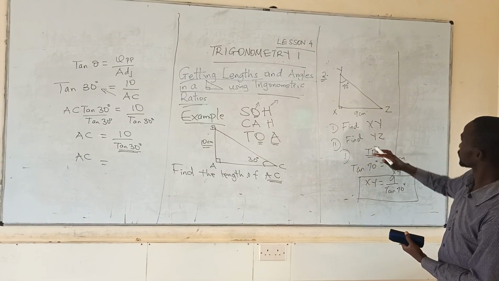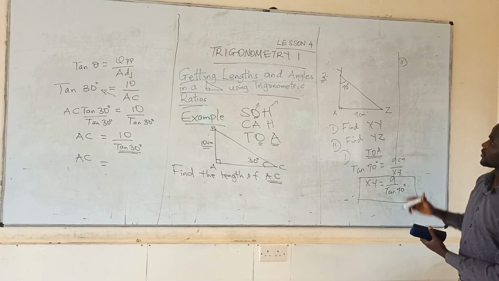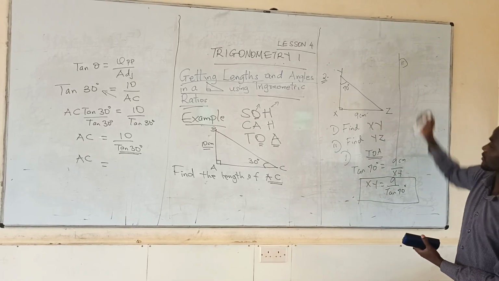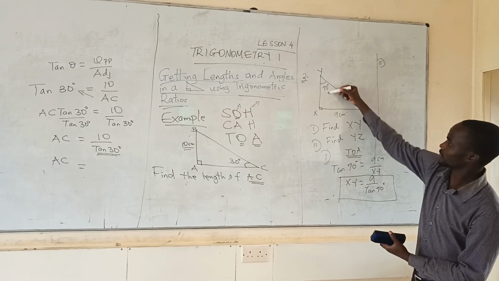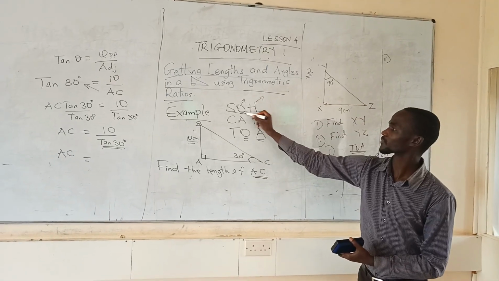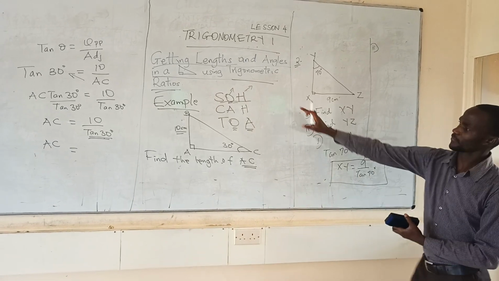You finish that up by checking the tan of 70 degrees from the table. In part 2, you are required now to get this YZ. So for YZ, we have the opposite and we have the hypotenuse, meaning we will still use the sine.